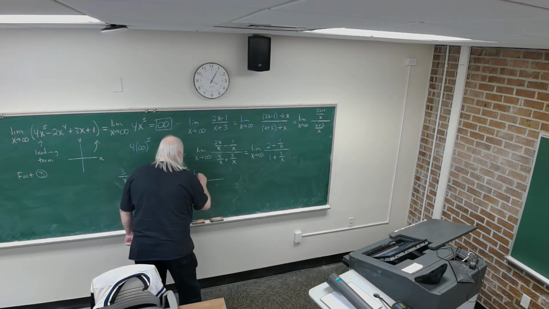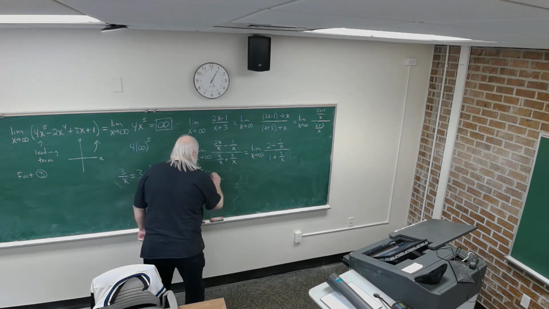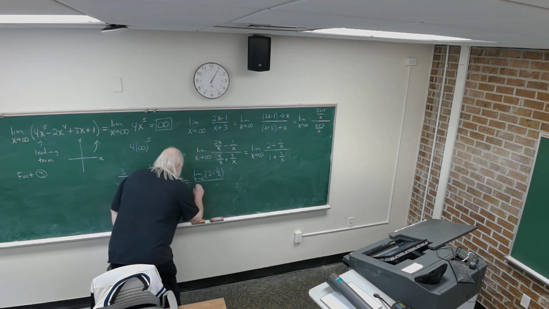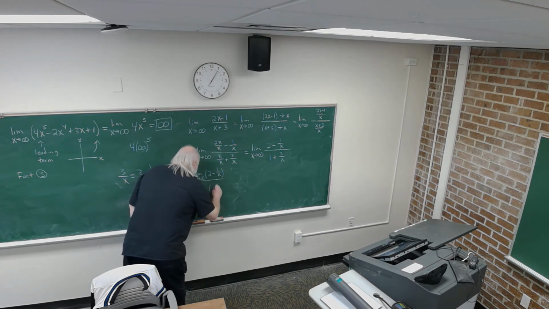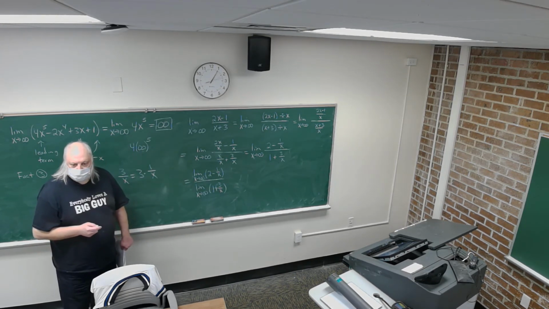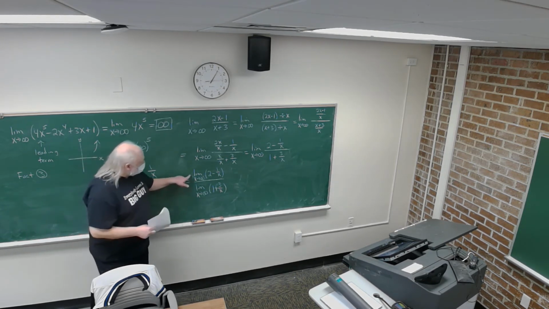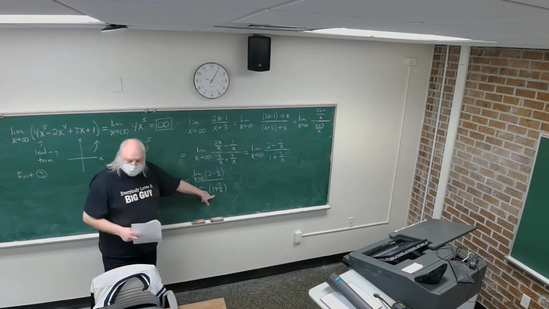So this is equal to the limit as x increases without bound of 2 minus 1 over x, over the limit as x increases without bound of 1 plus 3 over x. By the limit laws, now I can take this limit inside the parentheses, and this limit inside the parentheses.